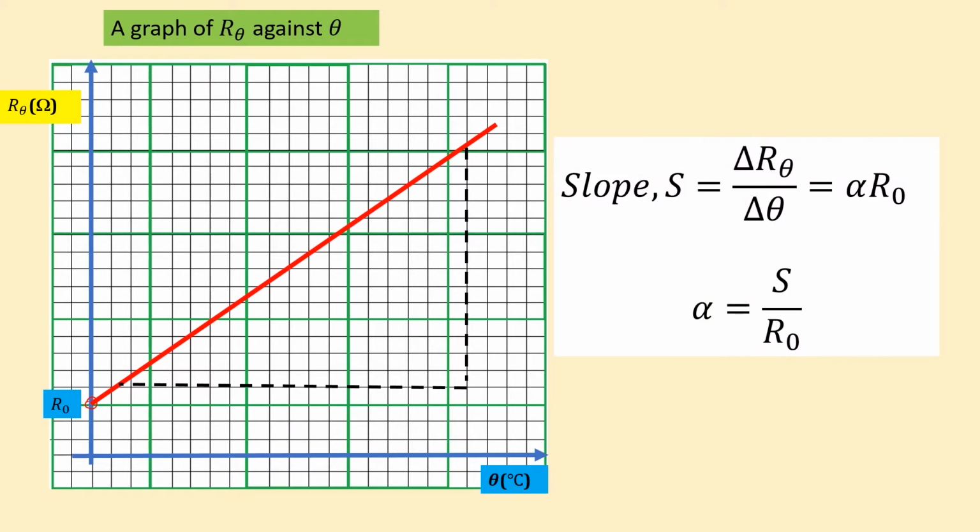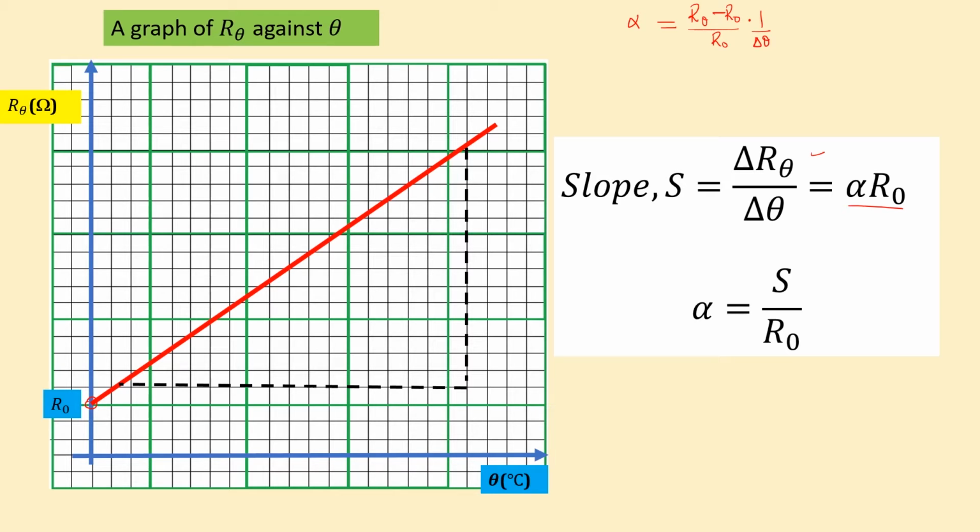The change in R theta over the change in theta gives you the product of R naught and the temperature coefficient of resistance. Remember the relationship: alpha is equal to R theta, the resistance of the material at a certain temperature theta, minus R naught, the resistance at 0 degrees Celsius, divided by R naught times theta.